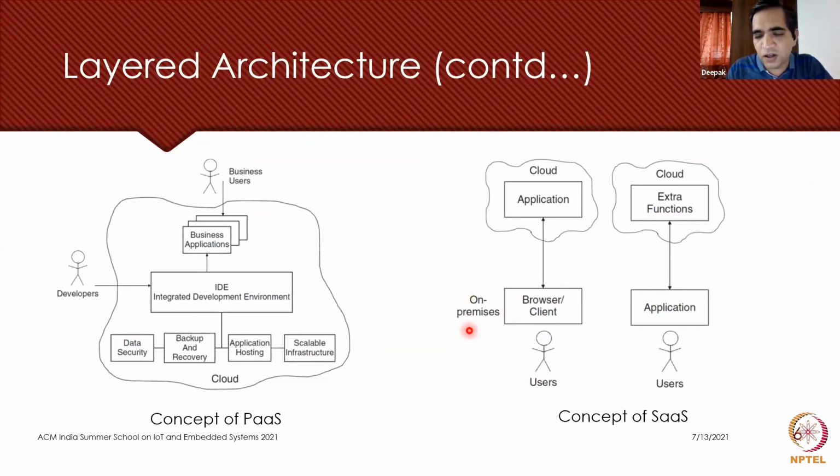On premises, or in some office setup, you would have these users, who would be using some browser as a client, and they would be accessing the application which is actually running on the cloud. So this is one kind of software as a service that we see quite a lot.